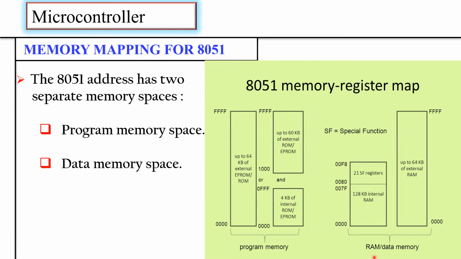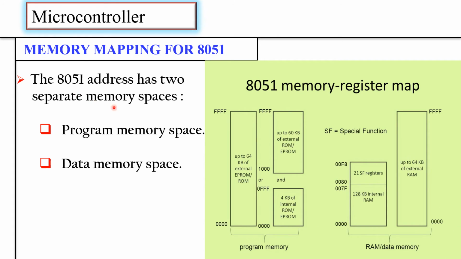If you see the diagram, the two memory spaces are drawn. The first is called program memory space, and the second is called data memory space. So we have to study what is program memory space and what is data memory space.